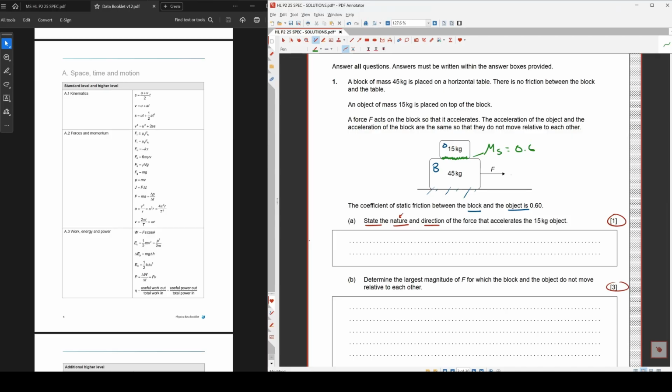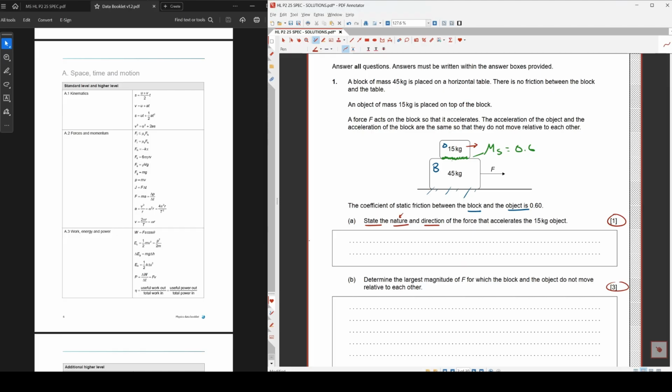So if you tug on this string down here to pull this block, this one gets pulled along because of the friction between them. And which way must that force be on the 15 kilogram object? Well, everything's accelerating to the right. Surely the force on this object is also to the right, right? And I think that's how friction works.